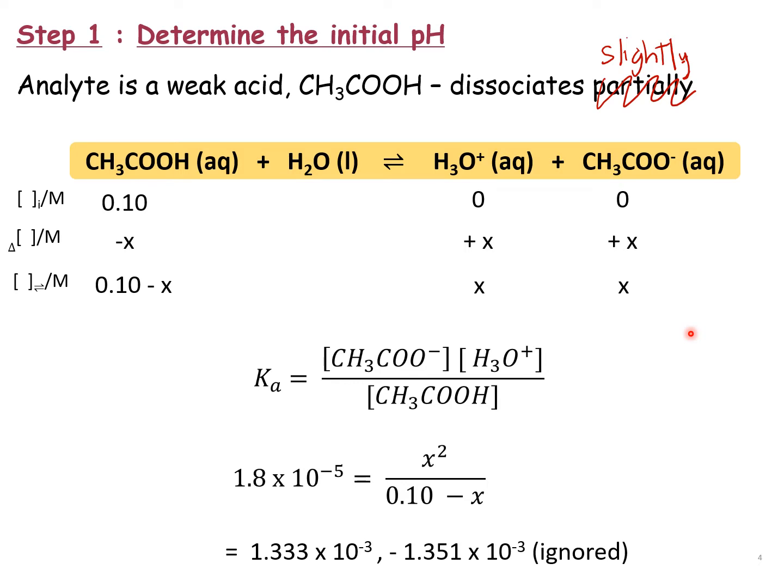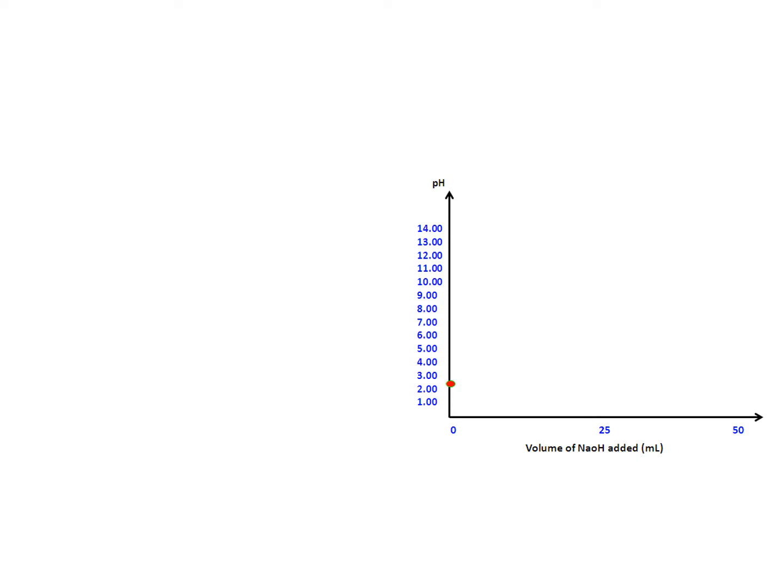Here you will find the value of X is 1.33 times 10 to the negative 3, and the other one is negative. We will ignore the negative value. So let's proceed with the calculation. From the table, we know the value of X is the concentration of H3O+ at equilibrium, so you need to mention this.